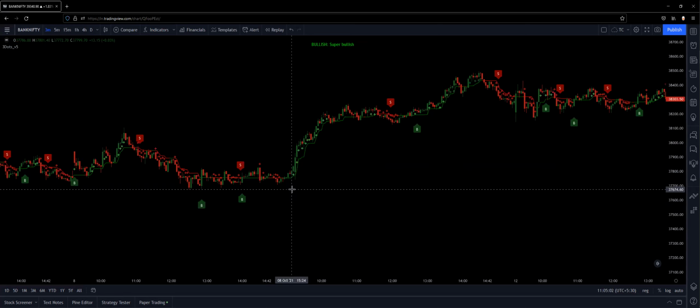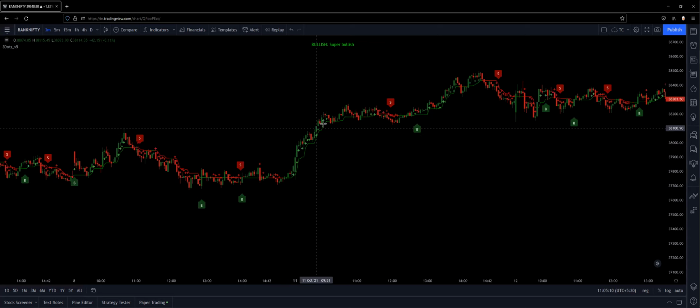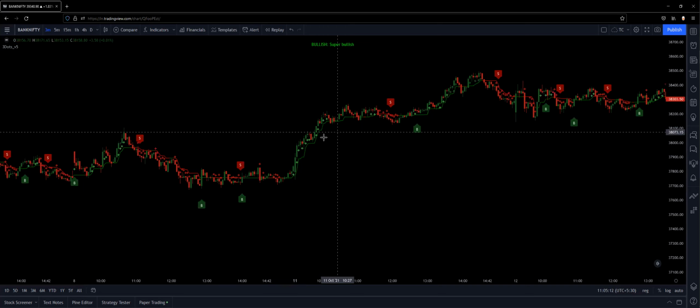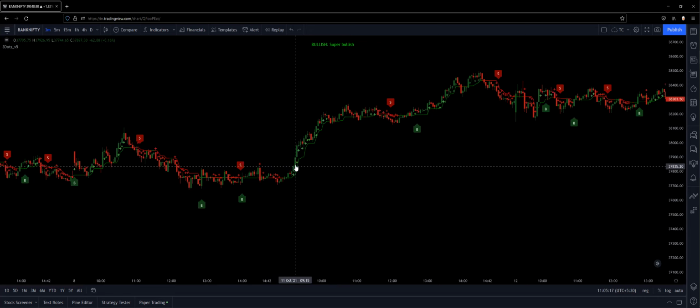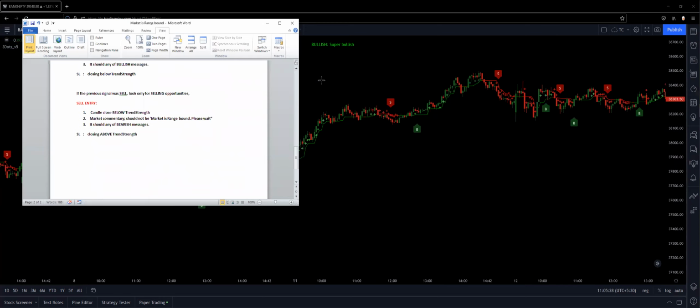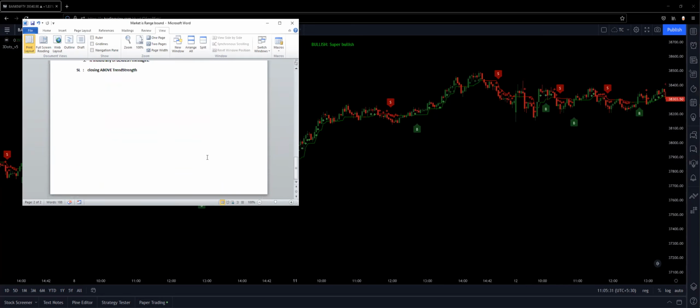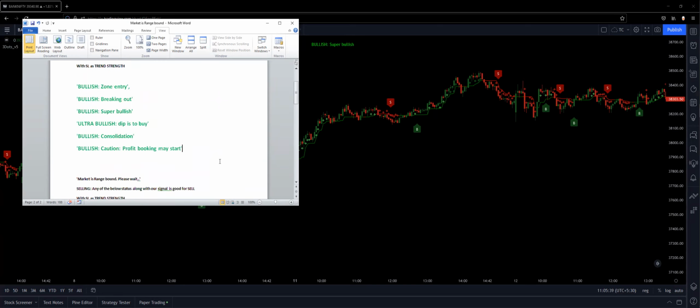So all your trade entries should be towards the buying, right? All your views or trade entries should be towards the buying. So when do you buy, right? The first condition is the price should be closing above our trend strength line. The second condition is the market status, the market commentary, should be any one of the buying messages, right?